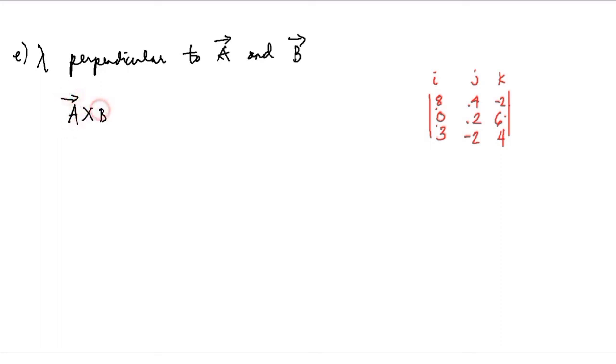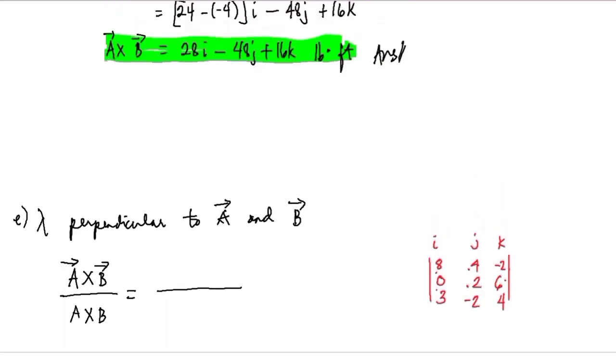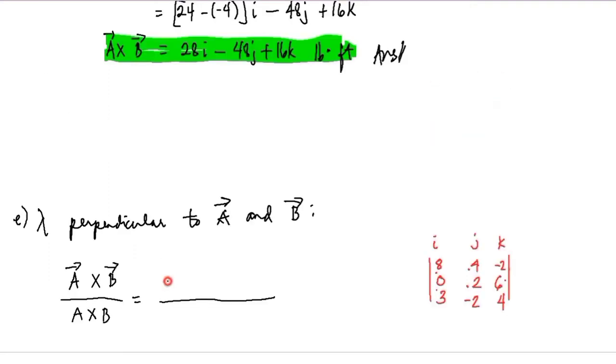So we would have here the cross product of the vectors A and B, being the vector perpendicular to vector A and B, divided by the magnitude of the cross product between the vector A and B. So what we are going to do here is just copy from our previous answer. We have the cross product of the vector A and B, which is equal to 28i minus 48j plus 16k.